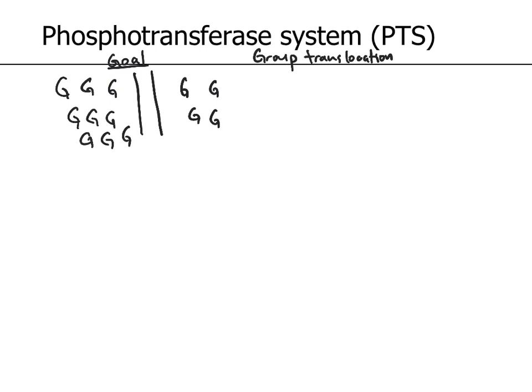So we want to get this into here. Now if you think about passive versus active transport, eventually we want to build up this store of glucose in here, so there's going to be less glucose out here than there is in here, and so this is going against its concentration gradient.